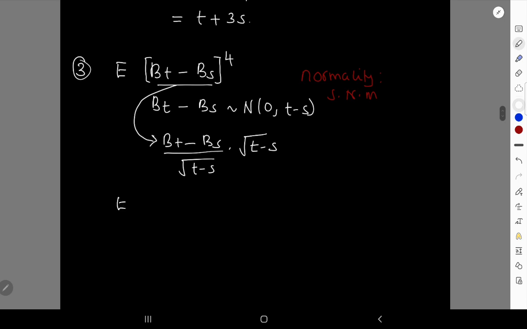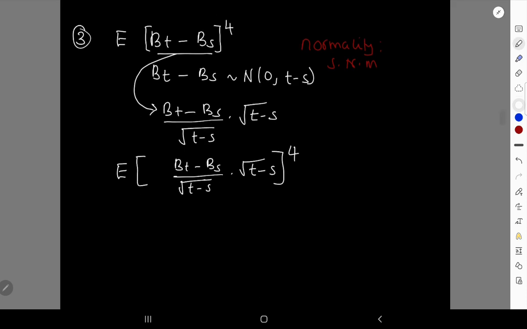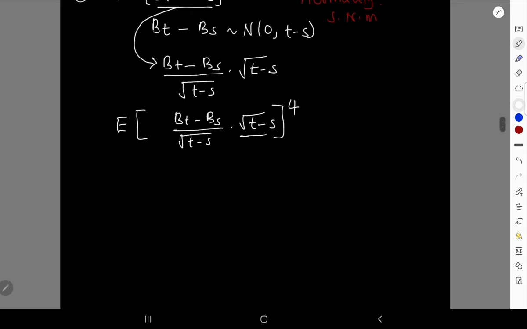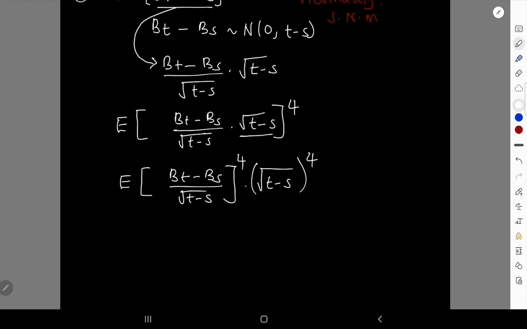So this will be the expectation of (B_T minus B_S over square root of T minus S, multiplied by square root of T minus S), the whole to power 4. We can take the constant out, and this will be the expectation of (B_T minus B_S over square root of T minus S) to power 4.